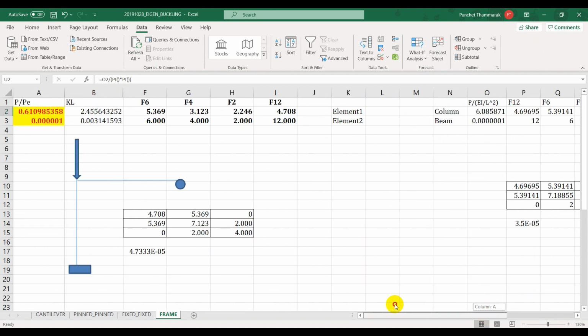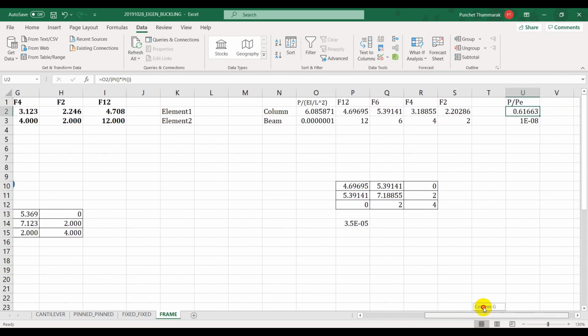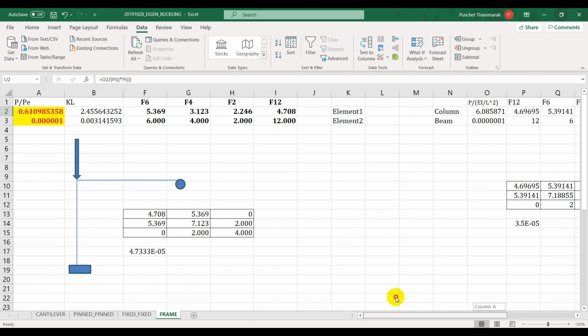0.61, not bad, huh? 0.616 and 0.6109. Why isn't it bad in this case? Again, you have just the rotational, it is equivalent to a rotational spring attached at the top. In this case, when the system buckles, the highest displacement occurs at the top over here.